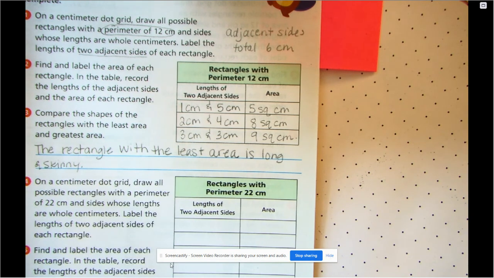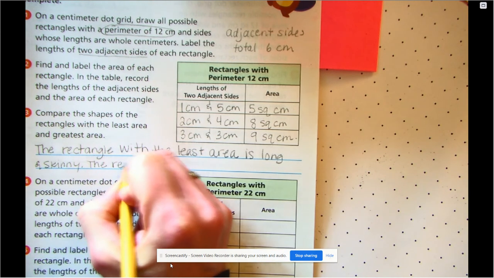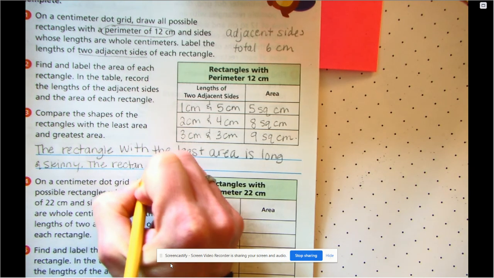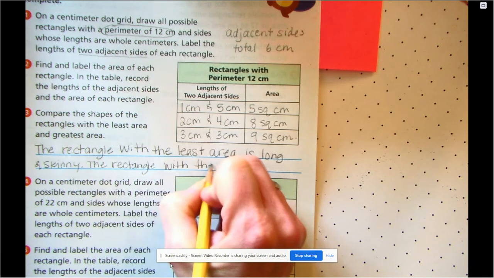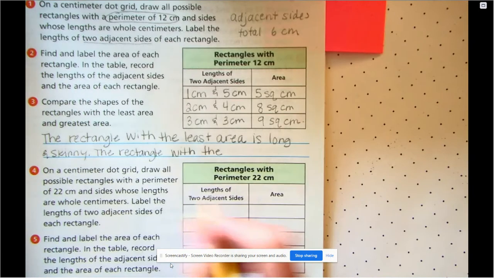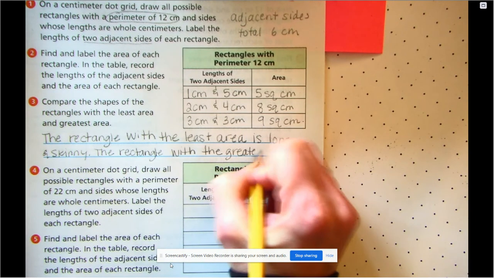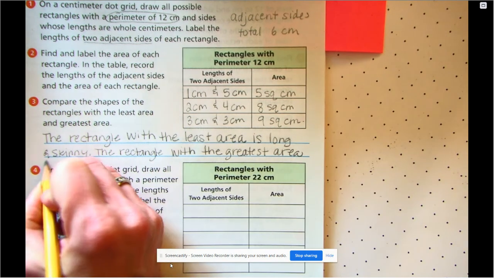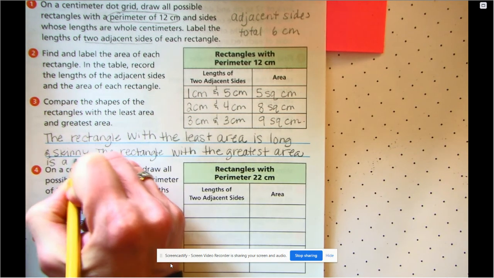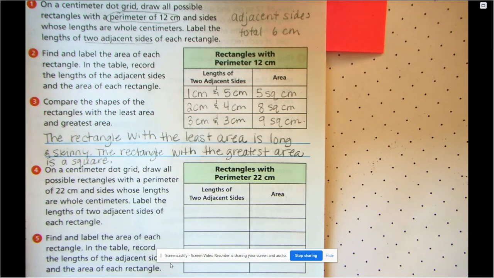The rectangle with the greatest area is a square. And remember, you can always pause the video so that you can write this down. You don't have to keep up with me. Look, I ran out of space, but I can write it down here. Okay.